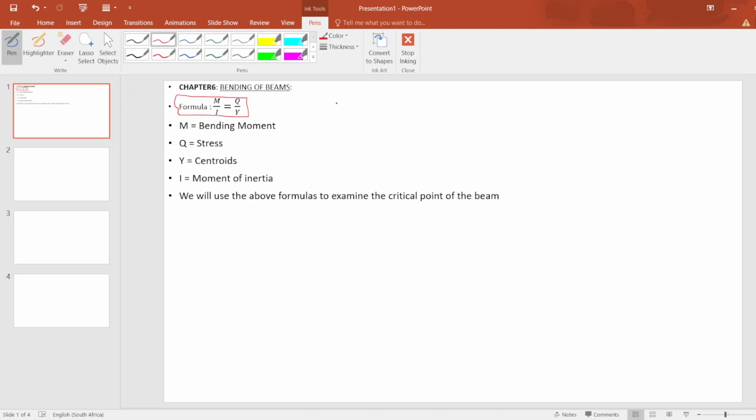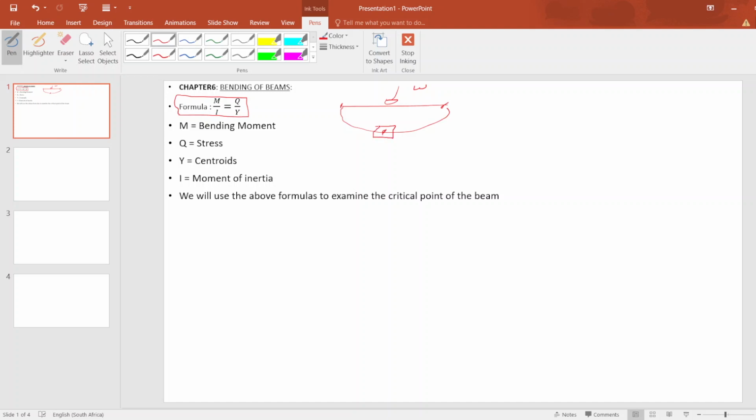Remember, in chapter 5, we calculated the reactional support, we calculated the bending moment. Then we said that if this is your simply supported beam, and you have a force acting on your beam, then it will bend like this. Now, this would be the critical point.